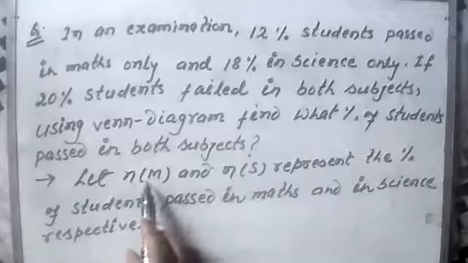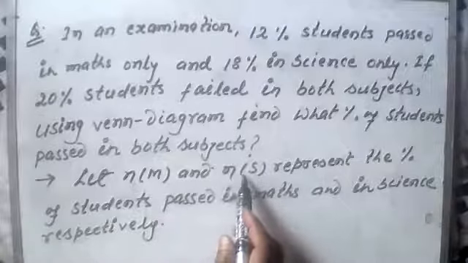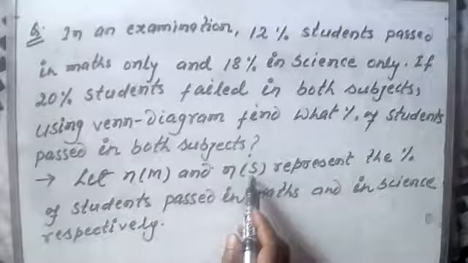Here NM represents the percentage of students who passed in maths and NS represents the percentage of students who passed in science.